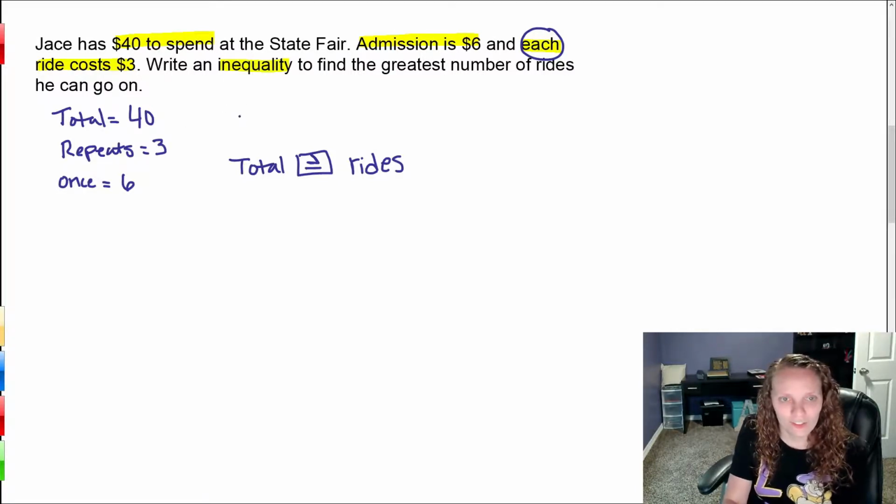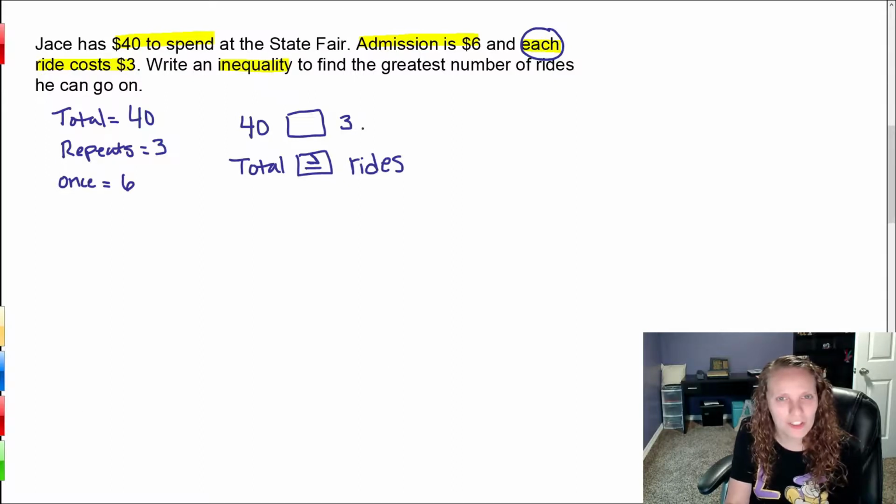So let's start writing it out. 40 is the total. And then 3 is the number that's repeating, and I'm not going to use X, I think I'm going to use R for rides. And then the one-time fee of $6.